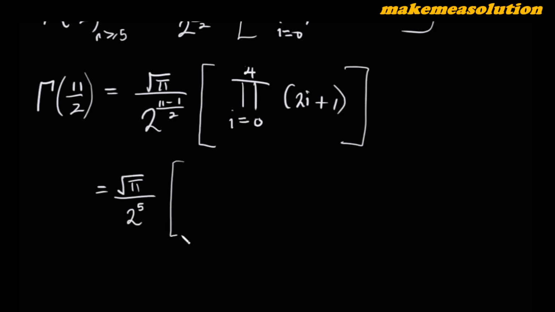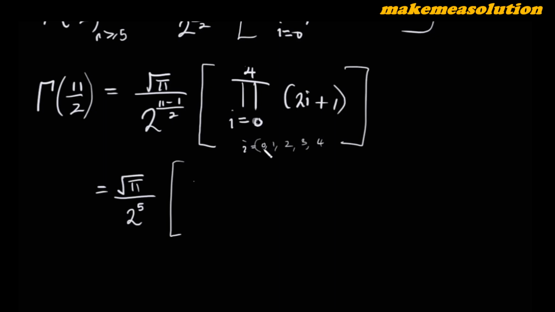So I have the product from i equal to 0 to i equal to 4. This simply means that I'll be substituting 0, 1, 2, 3, 4 for i in this formula, and as I'm substituting, I'll be keeping the results.